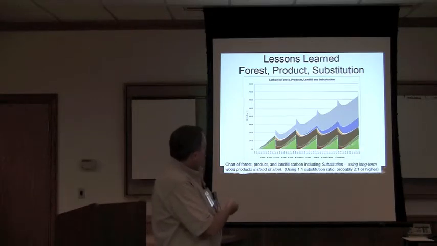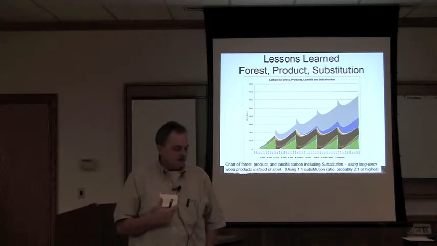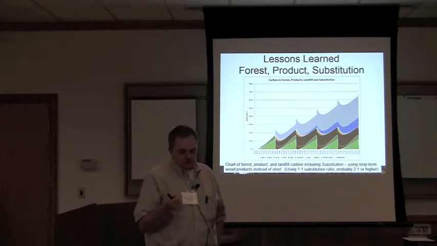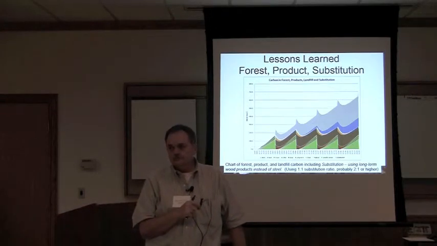Again, this is the carbon in the forest, the stems, branches, leaves. These are products here. These are shorter term products, landfill, and then the top line is substitution. Substitution is if houses are going to be built, if you build them out of wood versus if you build them out of steel.